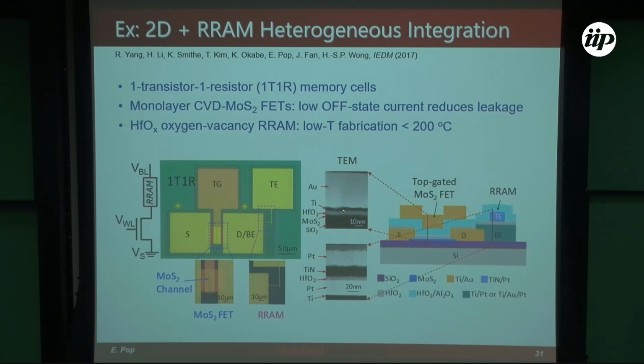Hafnium oxide is used as a memory cell. This is basically what's called an RRAM cell. And this is called a 1T1R type memory cell, one transistor, one resistor. This is actually fairly common for memory. And the cool thing here is that this was done by the students all with a fabrication temperature below 200 Celsius, meaning it can be integrated with silicon, and it's actually okay in that respect.